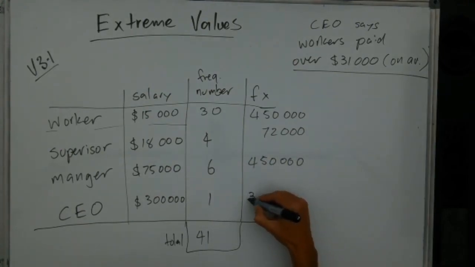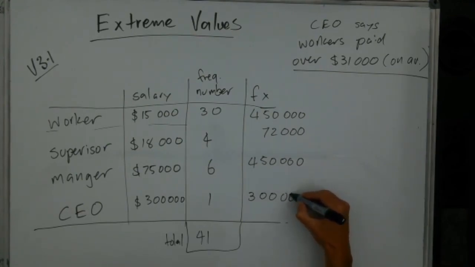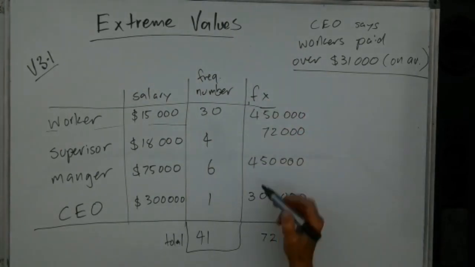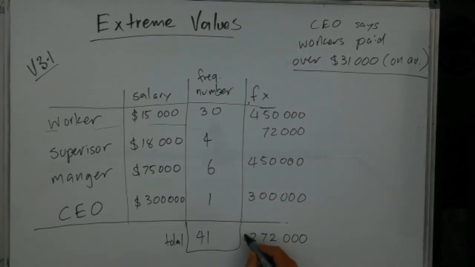And one lot of 300,000. That's a 0, not a 6. So let's just add these up. Zeros, we've got 2. 5 and 5 is 10. 7 carry the 1. 4, 5, 9, 10, 11, 12. So the total amount spent on wages at this factory is 1,272,000, divided by 41 people.